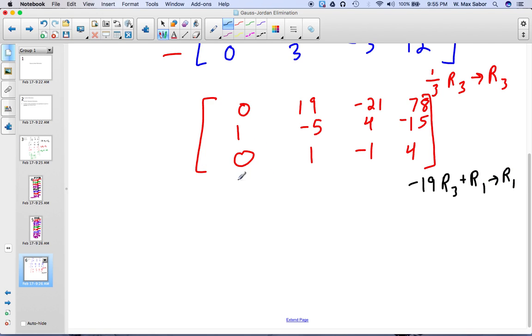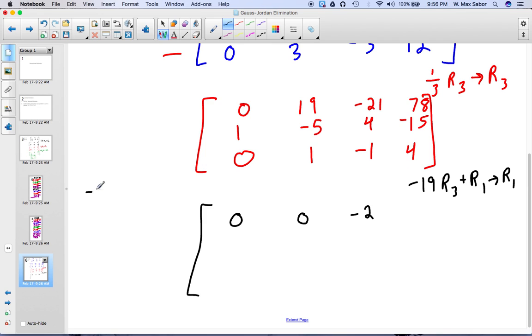So this is going to be 0. Negative 19 times 1 plus 19 is 0. Negative 19 times negative 1 is going to be positive 19. Minus 21 is negative 2.